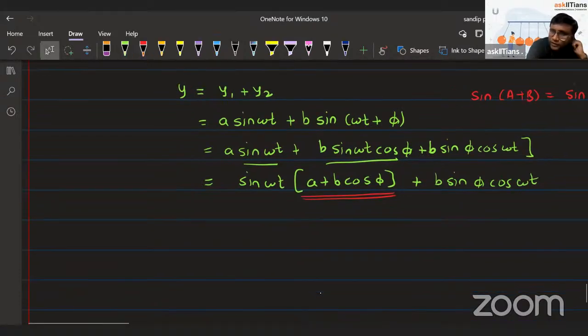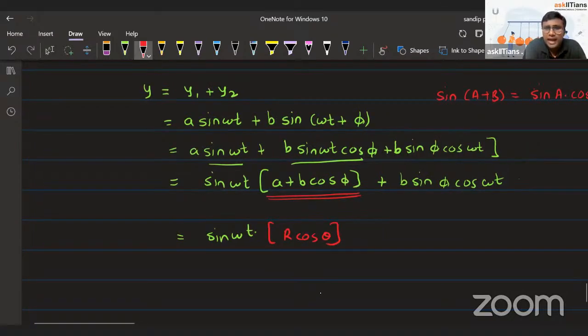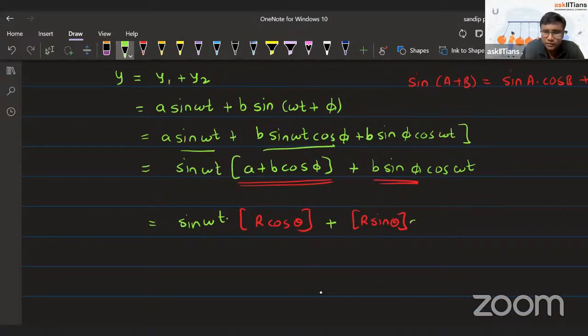First of all, this bracket I'm going to call as r cos theta. And this part I'm going to call as r sin theta. And that cos omega t as it is.